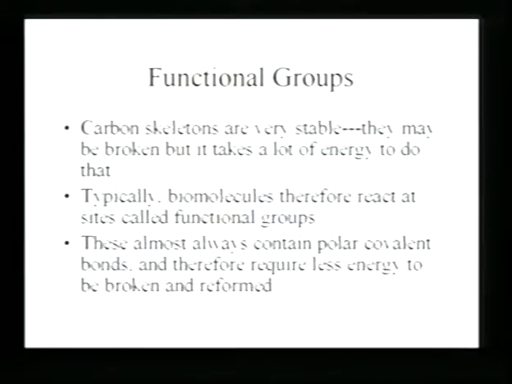They almost always contain polar covalent bonds. The reason for that is because polar covalent bonds are easier to break than regular covalent bonds. Polar covalent bonds are weaker. Remember water. Water has polar covalent bonds, and water will dissociate spontaneously, just on its own. So they require less energy to be broken and reformed, and for that reason they are the best bond to use for these functional groups.